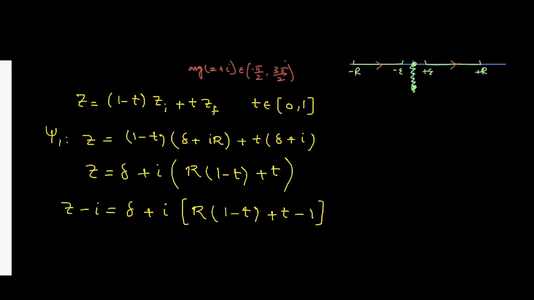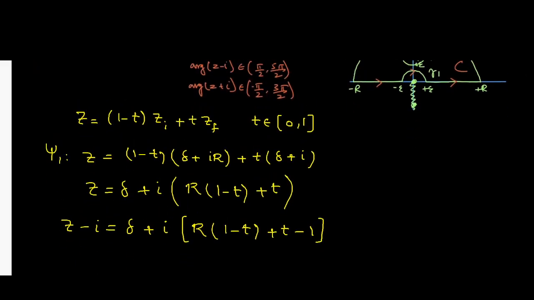And as delta approaches 0 from above, and note that the interval for argument of z minus I is between pi half to 5 pi halves. And here we notice that the real part of z minus I, which is delta, is positive.